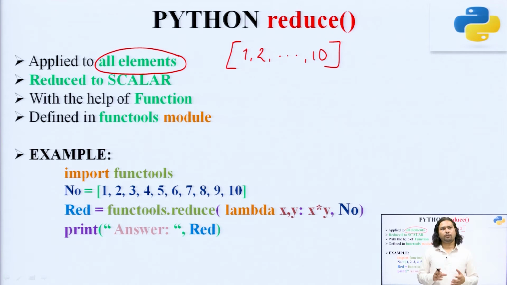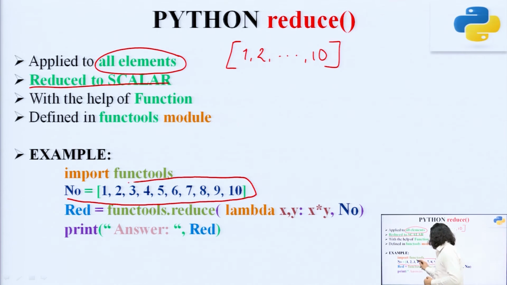So, with the help of the reduce function, this function is applied to all elements and it is reduced to a single answer. That means you can get a single answer by applying the reduce function to the iterable object. Here we are taking the iterable object as a list.